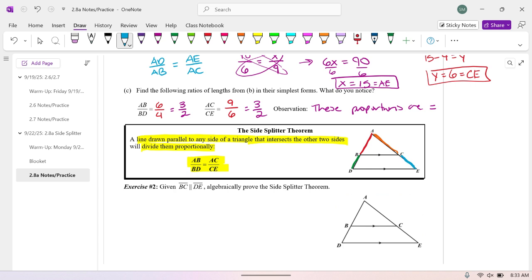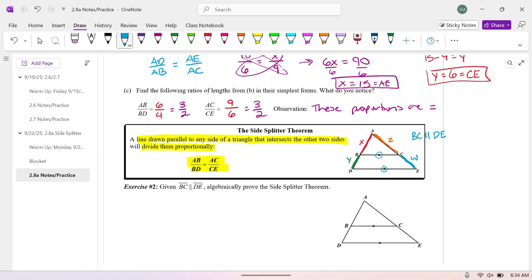Let's say red was X, Y, Z, and W. So what this is saying is that if those two sides, BC and DE, are parallel to each other, because of that, we know those two triangles are similar because of angle.